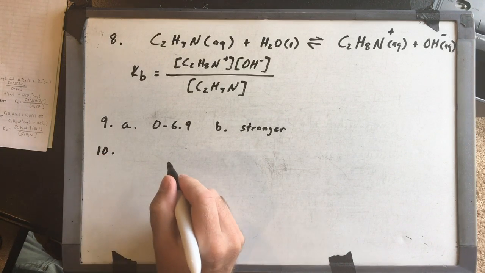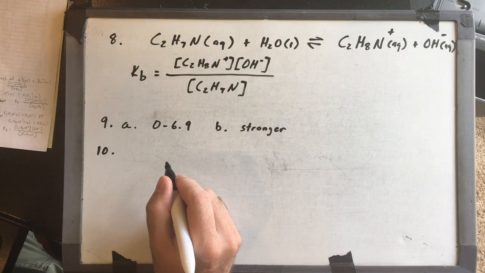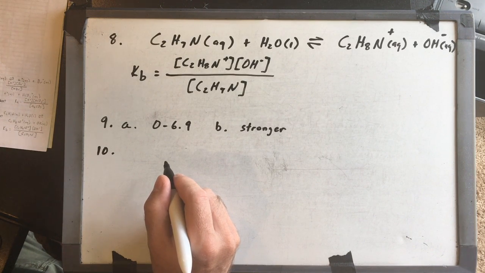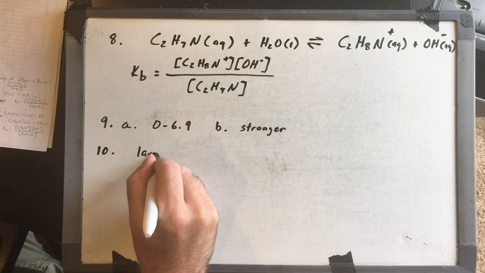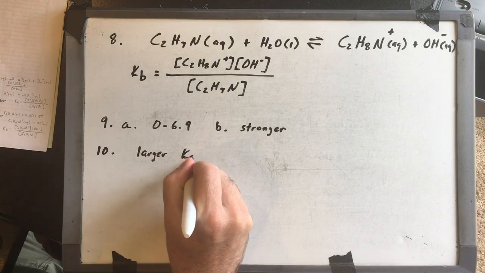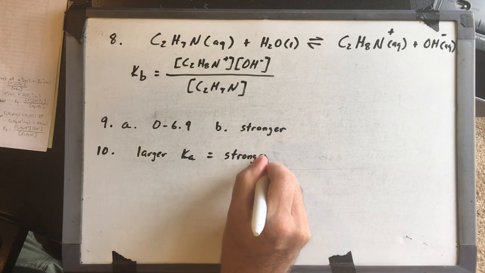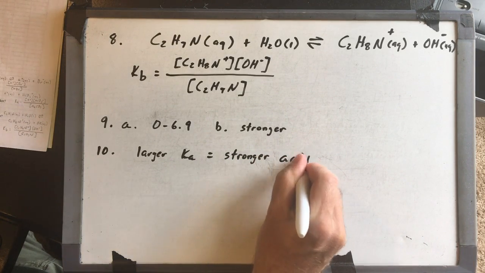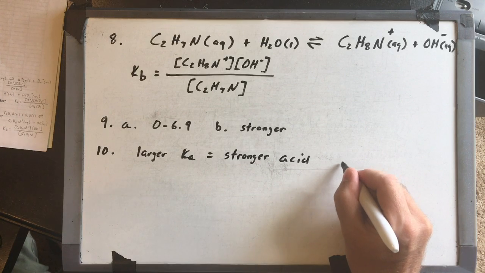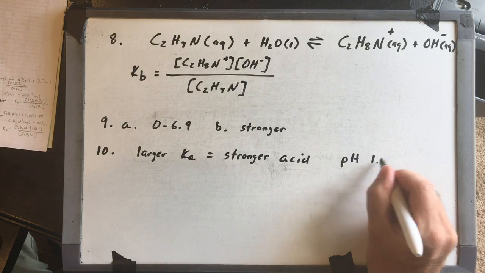All right, 10 says, what has the largest K sub A, a pH of 1 or a pH of 6.5? So a larger K sub A means a stronger acid. So of those two pHs, the stronger acid is the pH of 1.0.